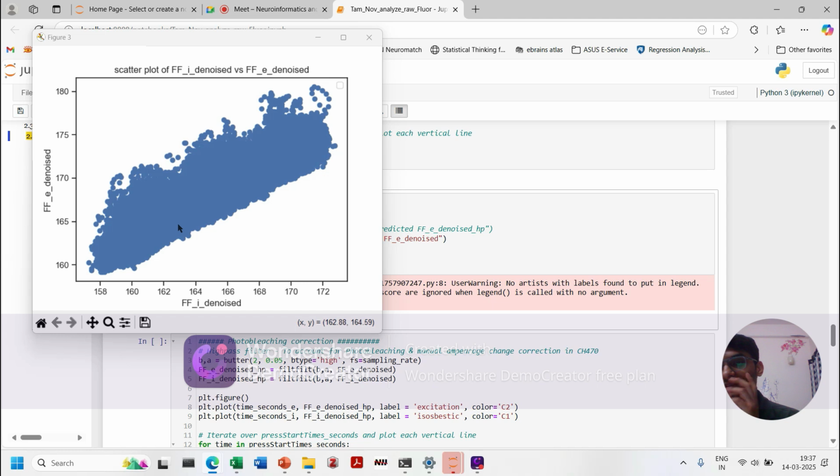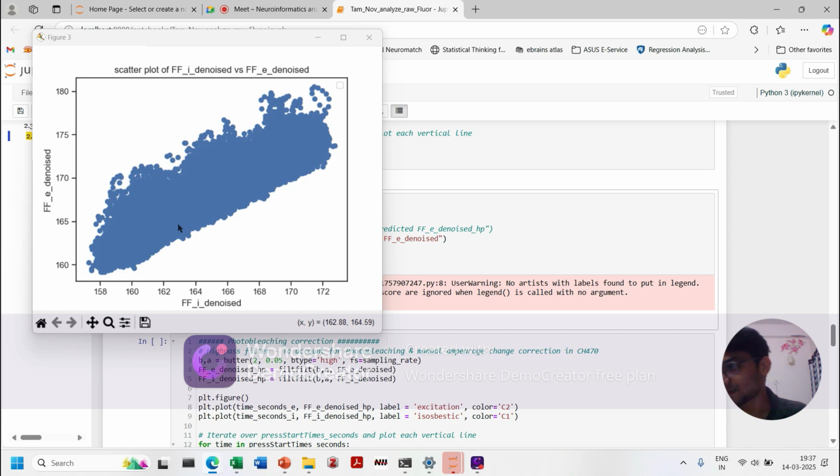So what does this mean? The motion artifacts, which also show up in isosbestic, can be determined. We can determine them using isosbestic and subtract them from excitation to get the true signal.